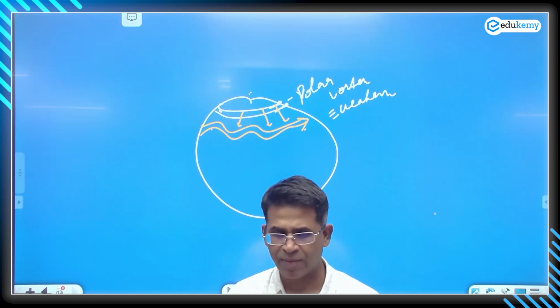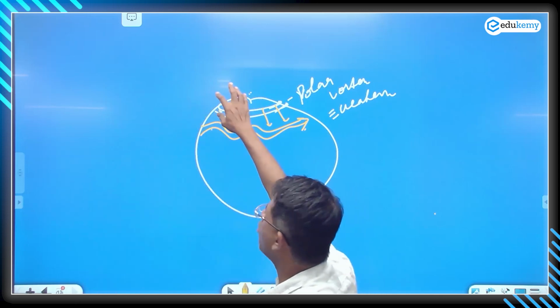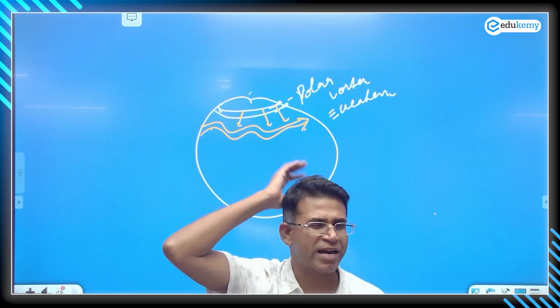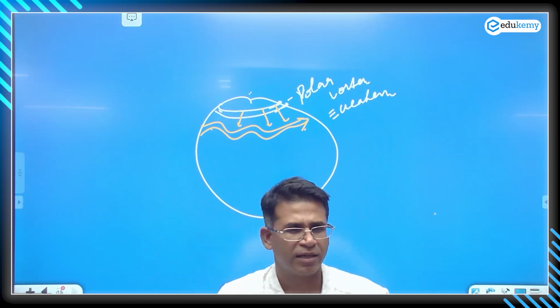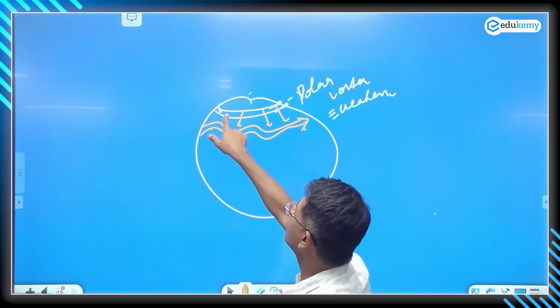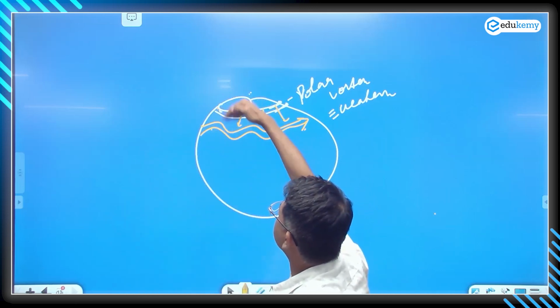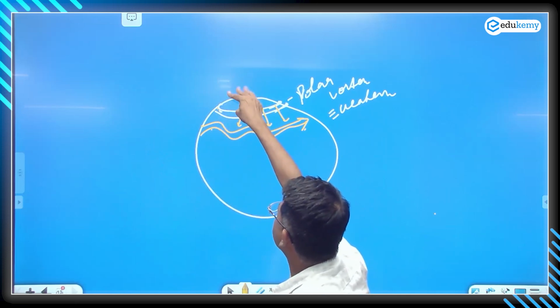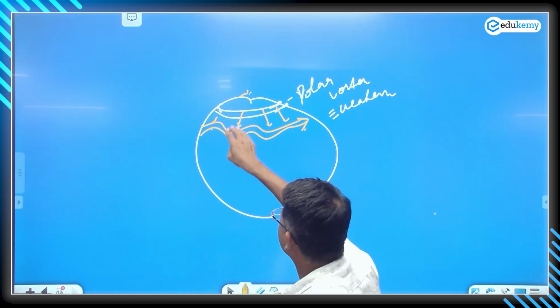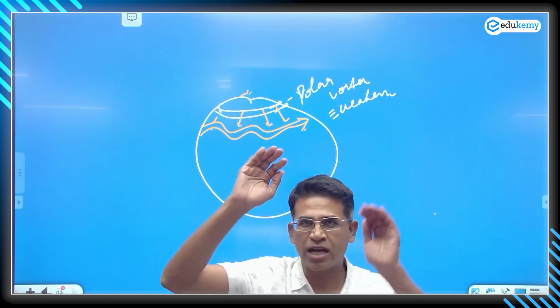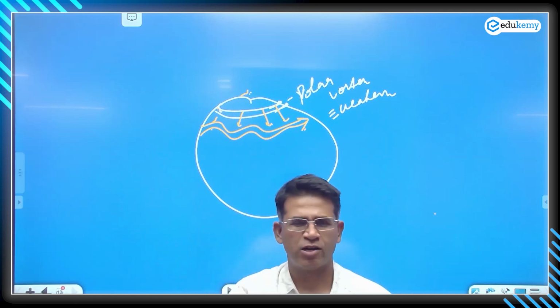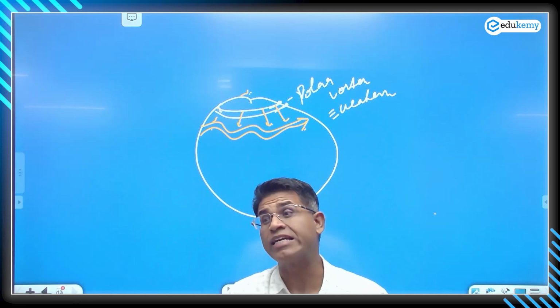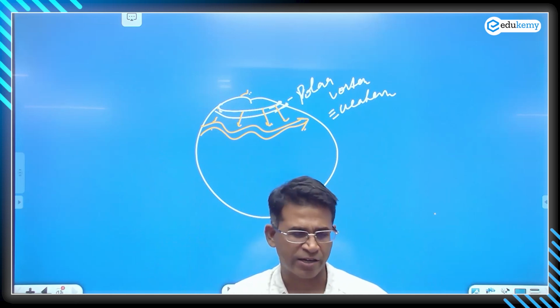Number one, it brings the cold Arctic air to mid latitudes. Earlier, when the polar vortex was here, all the cold air stayed inside it. Now that it has come down, the Arctic air is coming tropicwards. It brings the cold Arctic air tropicwards. This can cause intense heavy snowfall in the mid latitudes.